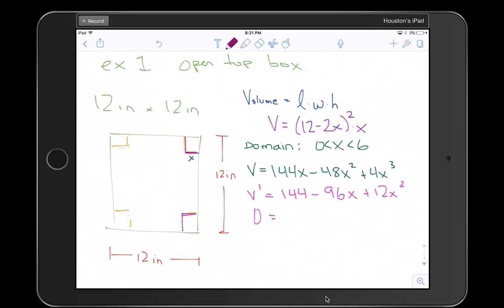So I know we could factor out a 12. And that factors further into 2 minus x and 6 minus x.